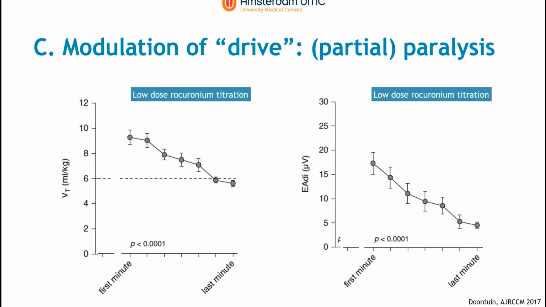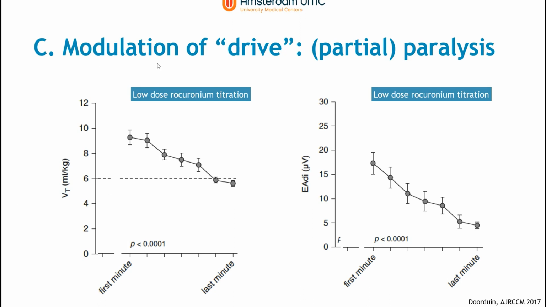So this is a more experimental way of modulating your respiratory drive. This is a study we did some time ago, using a low dose of neuromuscular blockers. And this is physiology as well, because what we're actually doing here is separating the brain curve from the ventilation curve, right? So these subjects are still breathing by themselves, but for the same output of the respiratory centers, less pressure is developed.